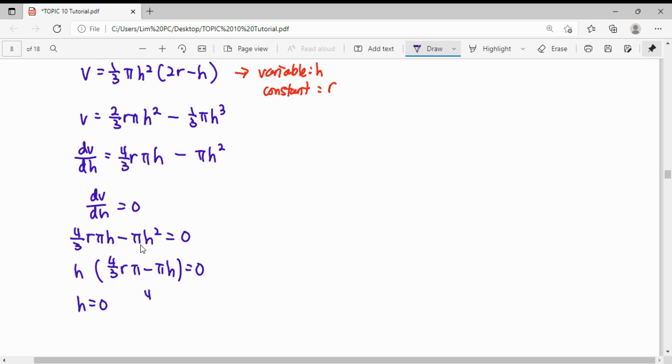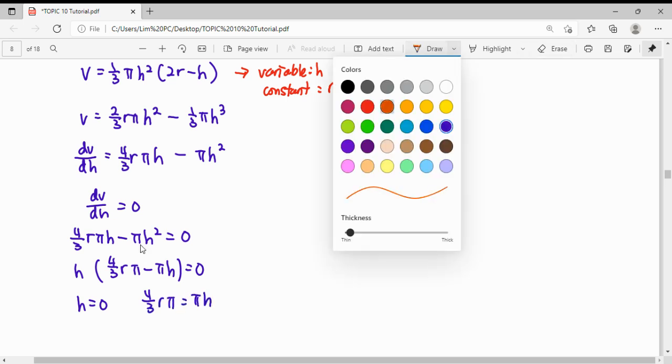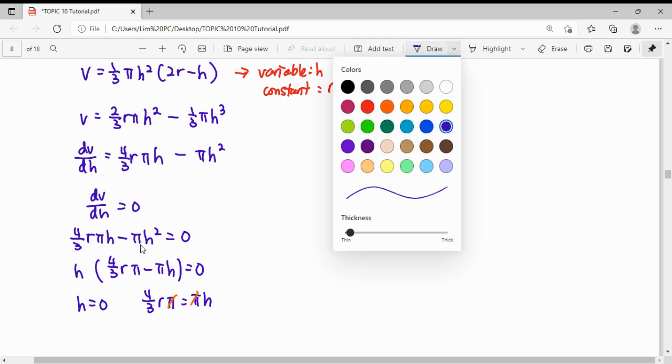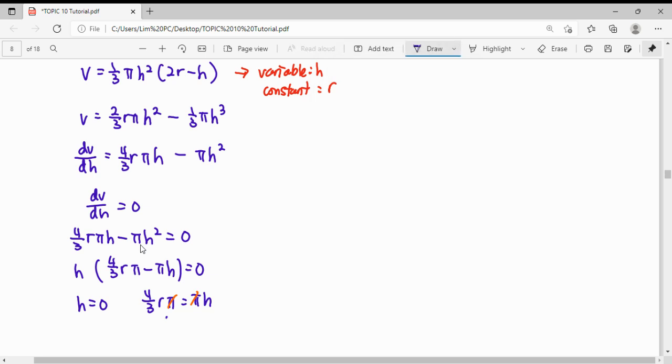So this is 4 over 3 r pi equals pi h. So pi can be simplified. So another critical value of h here is 4 over 3 r. Both of them are our critical values when we change the volume of the cone to maximize it.